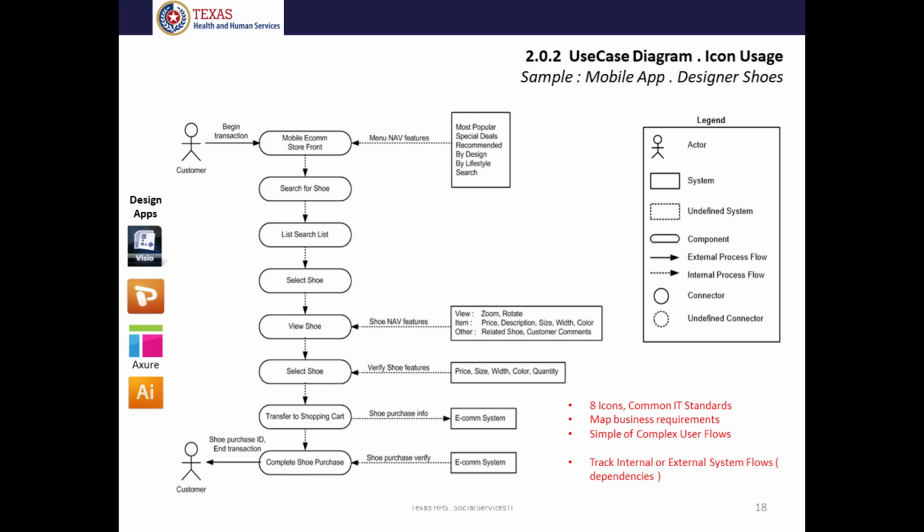Number 4, view a specific shoe to review its detail. Note the system process flow indicating the shoe can be viewed by further 3D navigation feature sets, such as zoom or rotation, along with product price, description, and social media commentary.